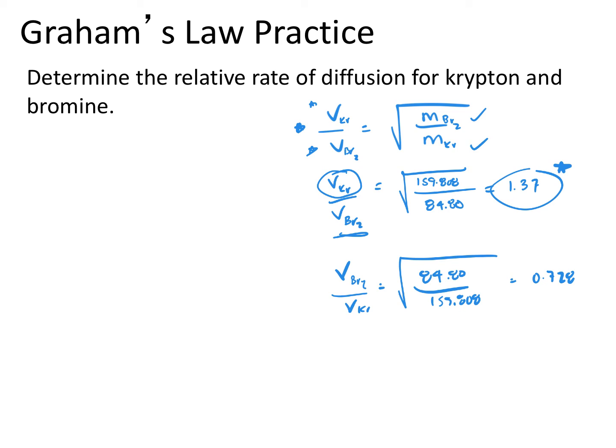Basically, the rate of movement of bromine gas is going to be 0.728 times as fast as the rate of krypton. In my head, this just makes more sense. Being able to say one thing is faster than the other is easier to comprehend for me personally, but this answer too would have been correct.